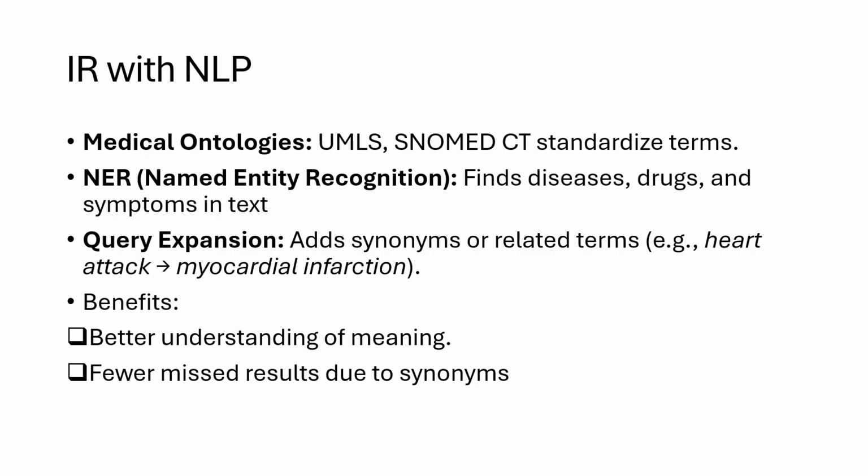For example, as I mentioned in my previous slide, if heart attack is mentioned on the first page, and on another page myocardial infarction is mentioned, then a regular information retrieval system cannot detect myocardial infarction as having the same meaning as heart attack.